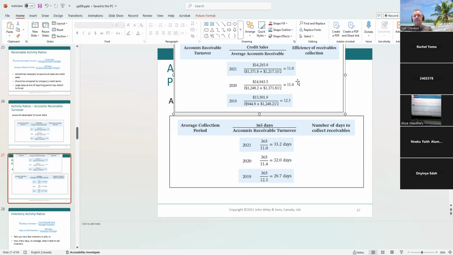Question for you. You want to invest in the company, and you see that before it took them 29 days to collect the accounts receivables, and right now it takes them 33, and let's pretend that in year four it takes them 35 days to collect the accounts receivables. Would you like to give them your money? No. Why not?